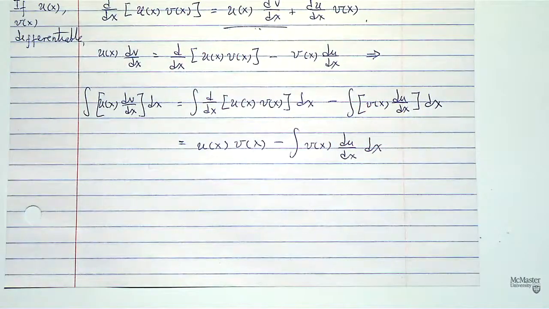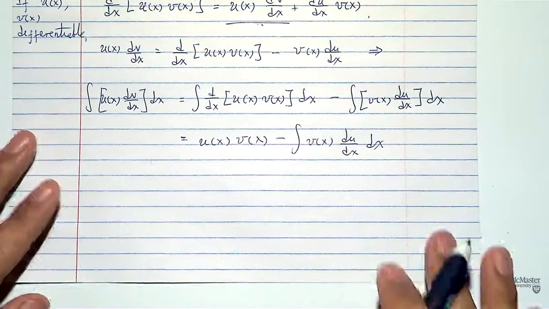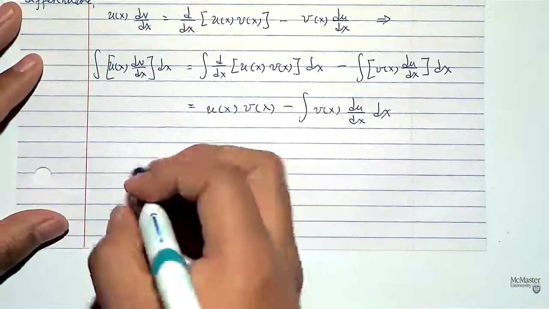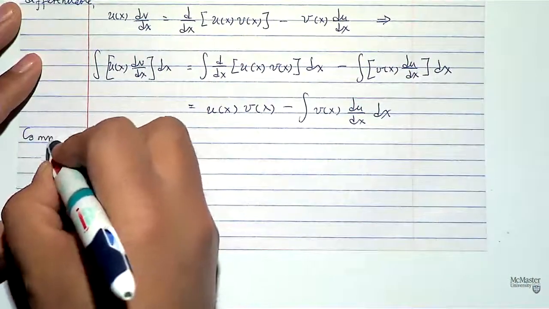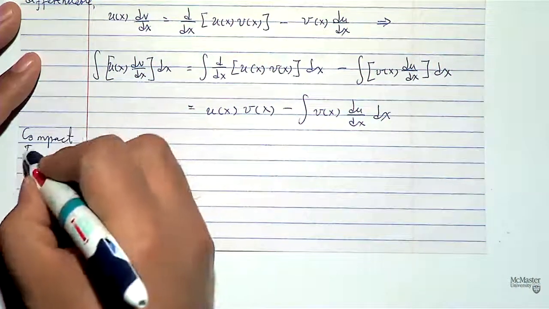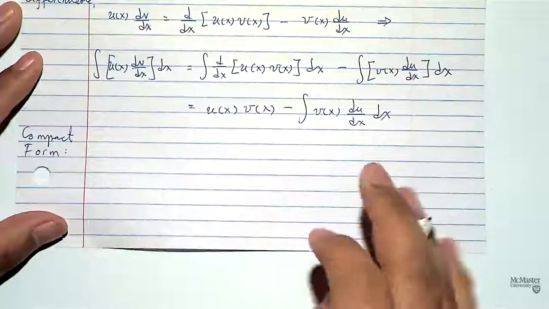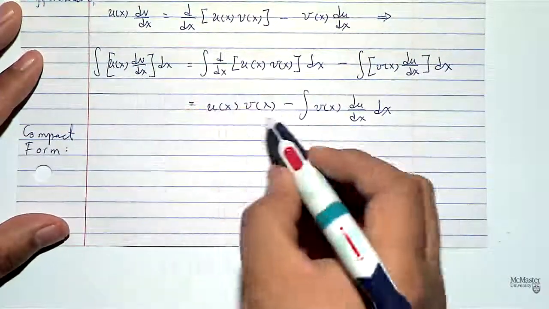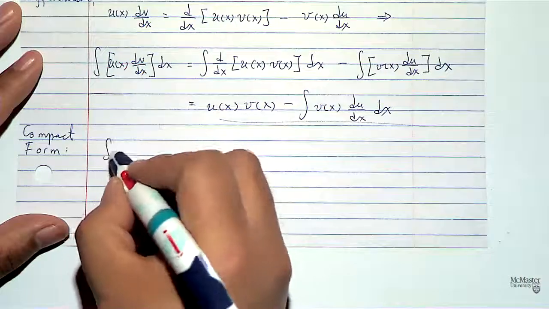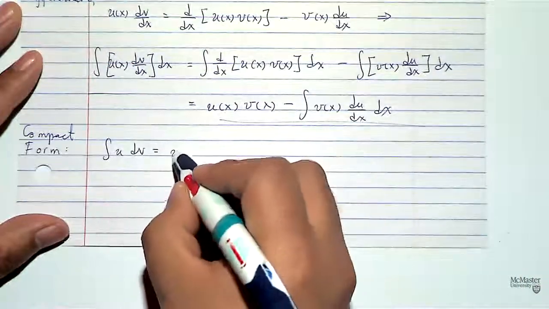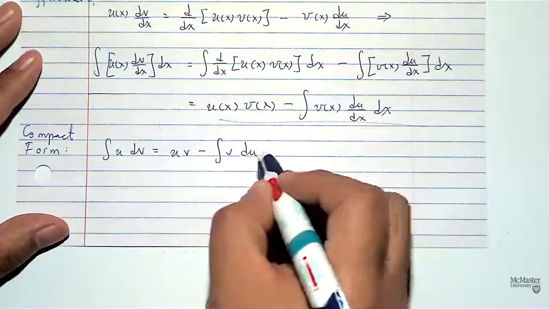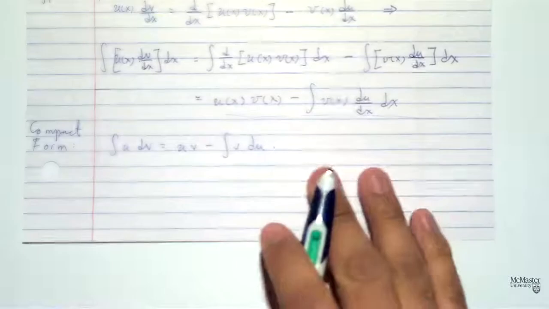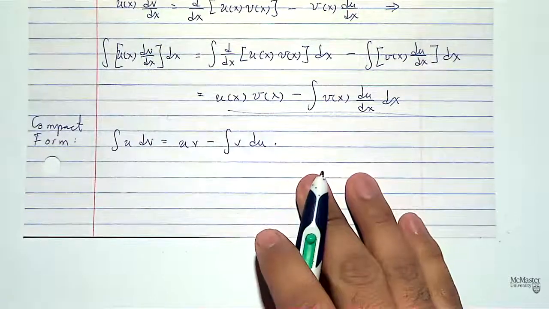So all the equations that I have used at this point have led me to this equality, and this has a more compact form. So you probably have heard of this in another fashion. If you recognize each of these terms, what you have is the integral of u dv equal to u times v minus the integral of v du. Who has seen the formula in this fashion before? Okay, more people, right?